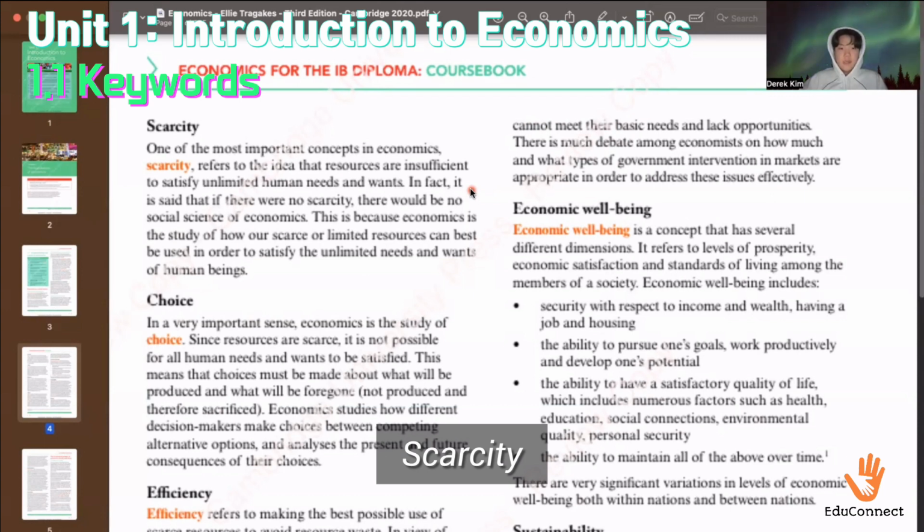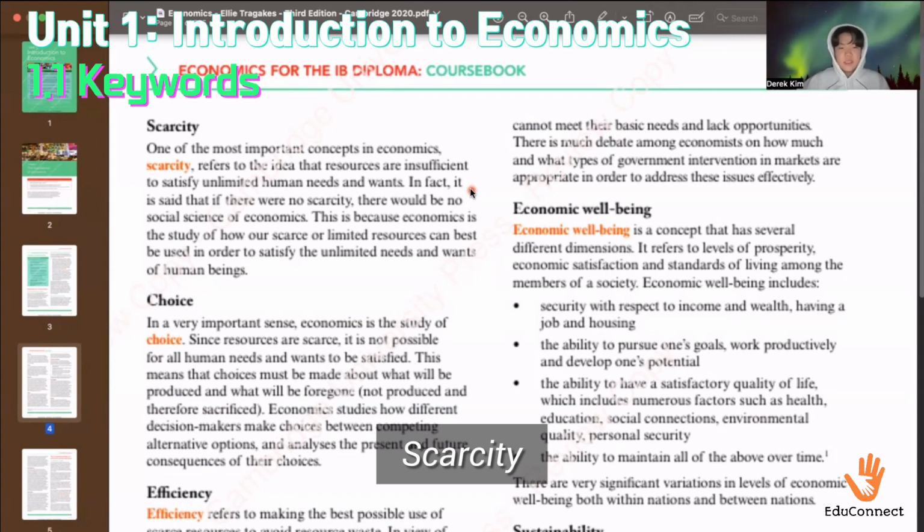In fact, it is said that if there were no scarcity, there would be no social science of economics. So economics would essentially not exist without the concept of scarcity.